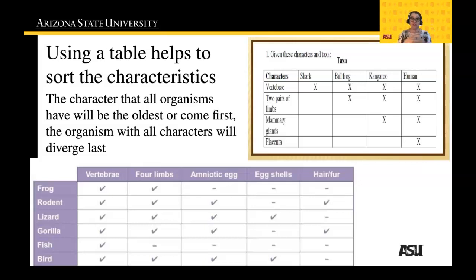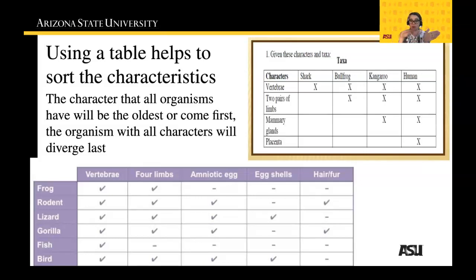Okay, if we look at the next one, frog, rodent, lizard, gorilla, fish, and bird, you can see how you check off each of the columns with what things have to make an effort to determine the ancestry. Now, when you look, you can see that eggs in the shell and hair or fur have 2 organisms in each column.